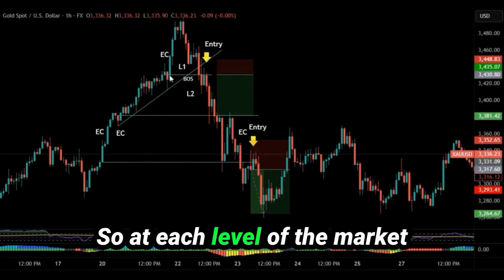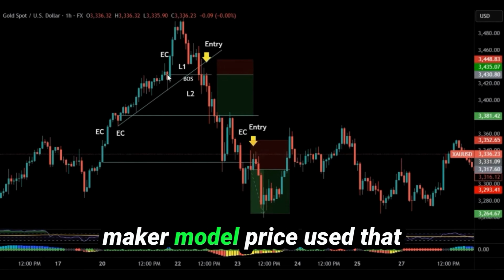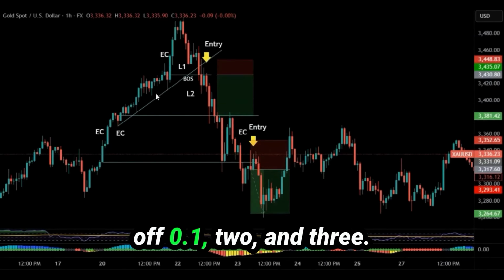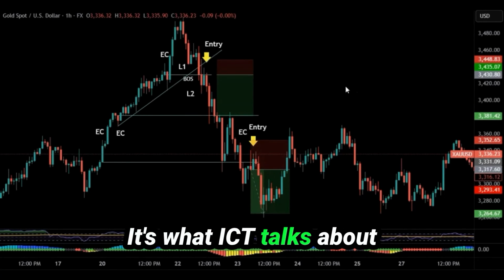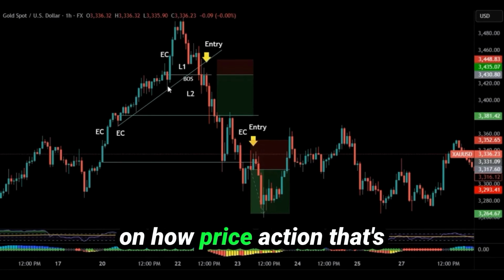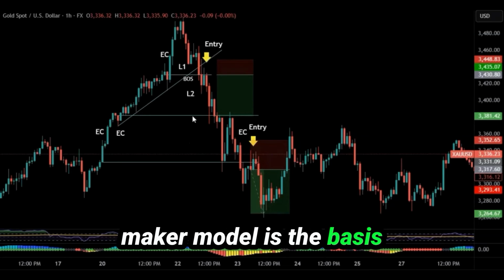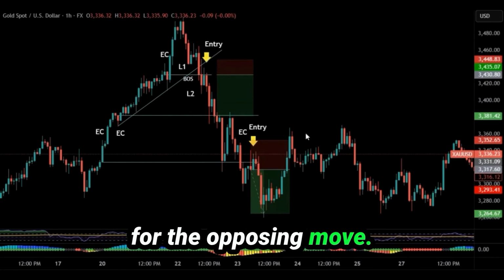So at each level of the market maker model, price used that extended candle as a jumping off point. 1, 2, and 3. It's what ICT talks about on how price action that's formed during the market maker model is the basis for the opposing move.